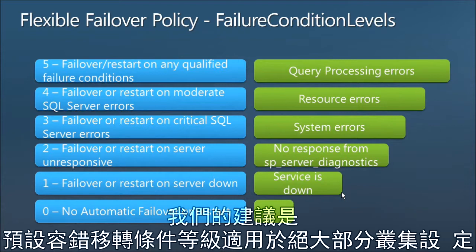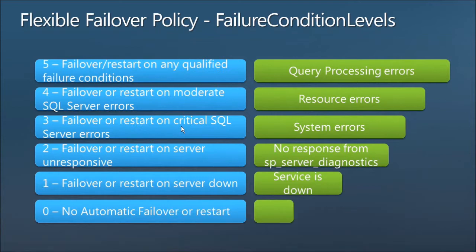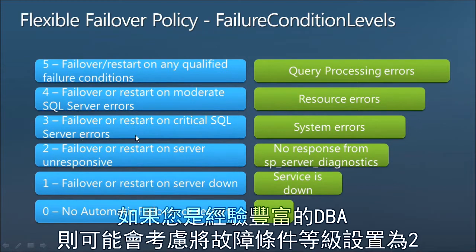So the suggestion is that the default failover condition level should be good for most of the cluster configurations. If you are an experienced DBA, then you may consider setting the failure condition level as 2.